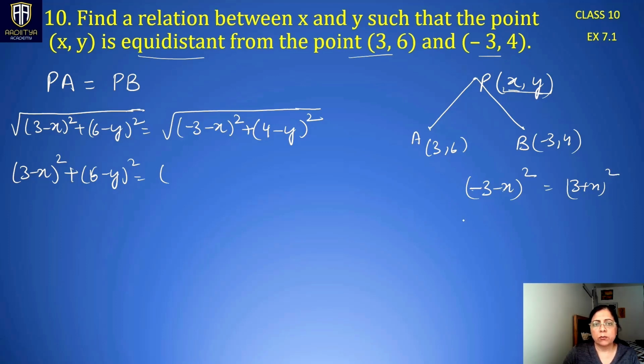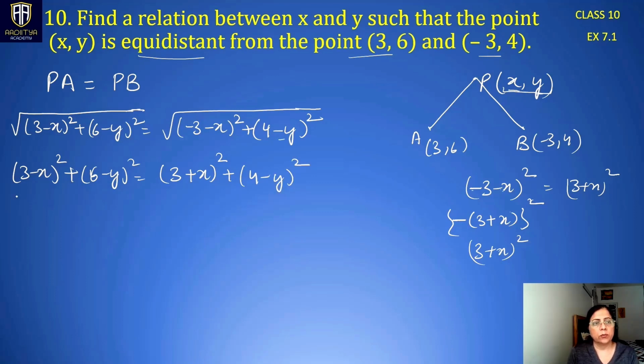Take this minus common from both the terms. Both of them become positive. You have the square of this whole thing. So when you take the square of a negative number, it itself becomes positive. So this becomes positive, the square is only left on this bracket. So this is equivalent to this. So I am replacing this by 3 plus x whole square. Only implement this when both the terms are negative, not in this kind of questions, right?